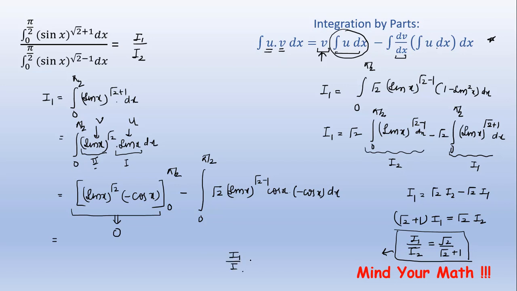I1 by I2, just rationalizing this, is root 2 into root 2 minus 1, so this is 2 minus root 2. So what is the final answer? This is 2 minus root 2.